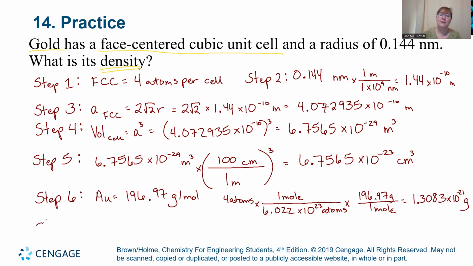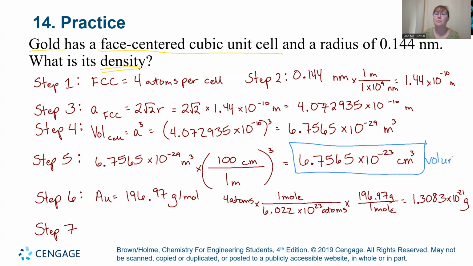And finally, my step 7. All right, let's identify a couple things here. First of all, this is my volume. And this is my mass. Because here at the end, I am going to be calculating density.